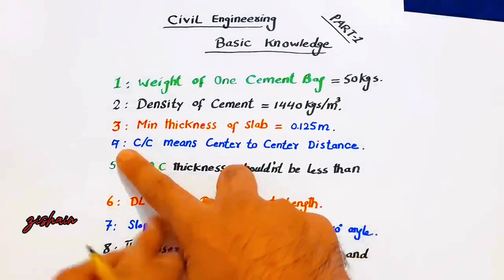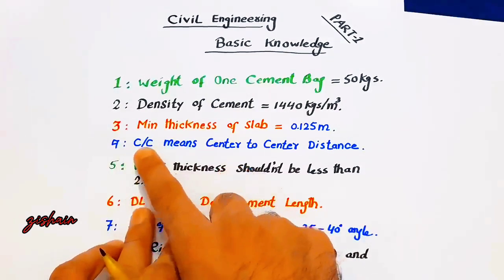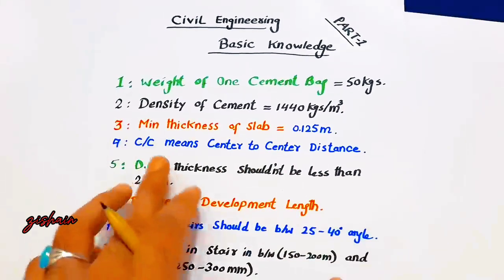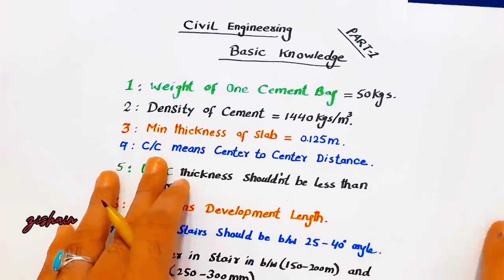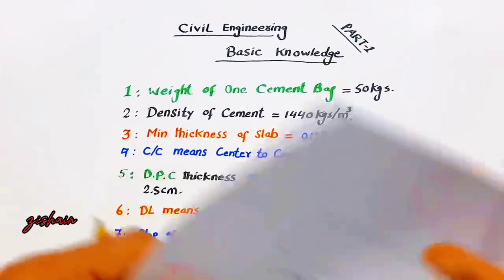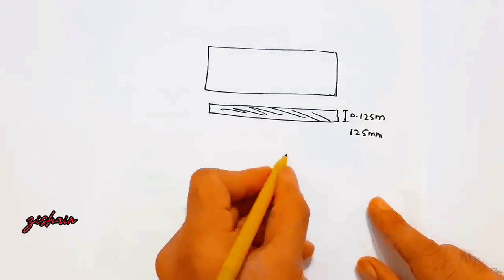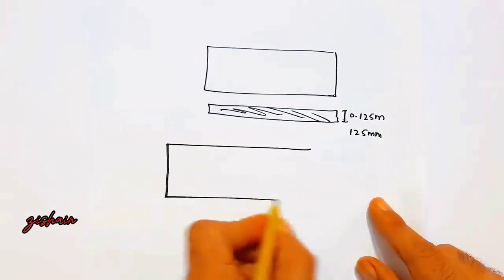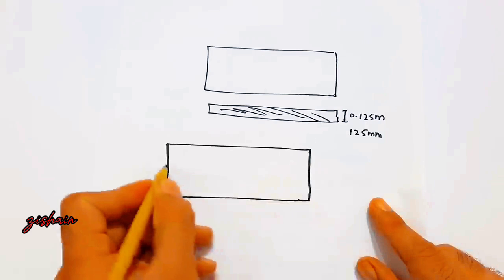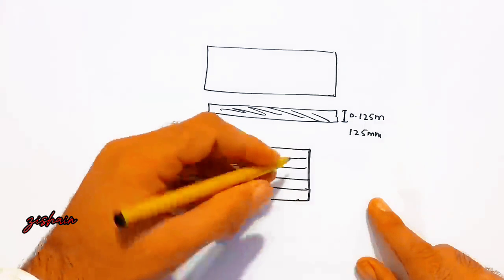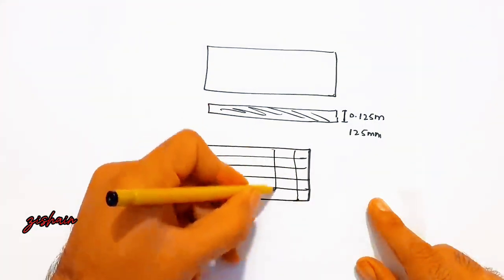Next, guys, the fourth one is C/C, which means center to center distance. C/C is especially used in design for slabs or any RCC members. Like, you can see this is a slab, so we are providing main bars and distribution bars.